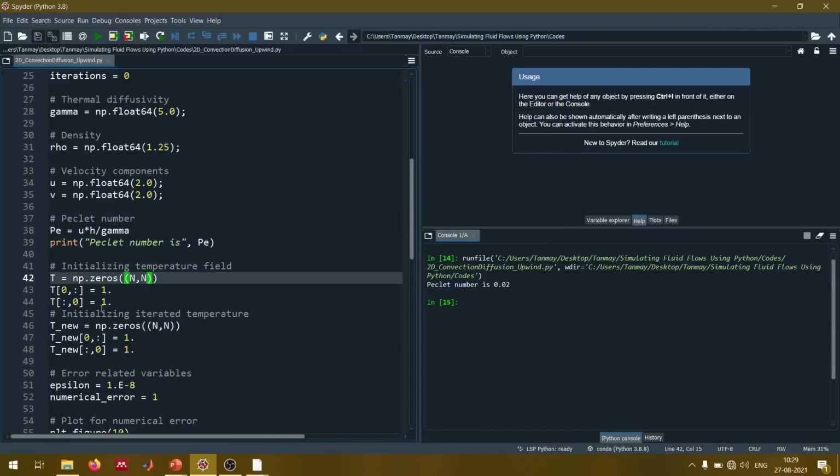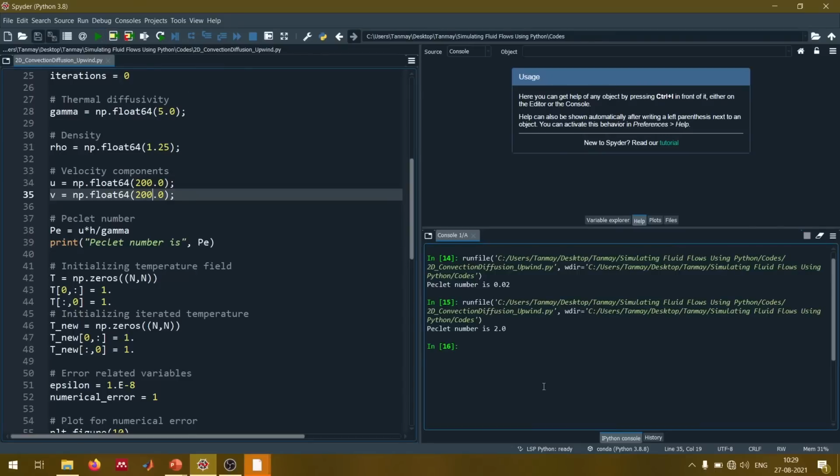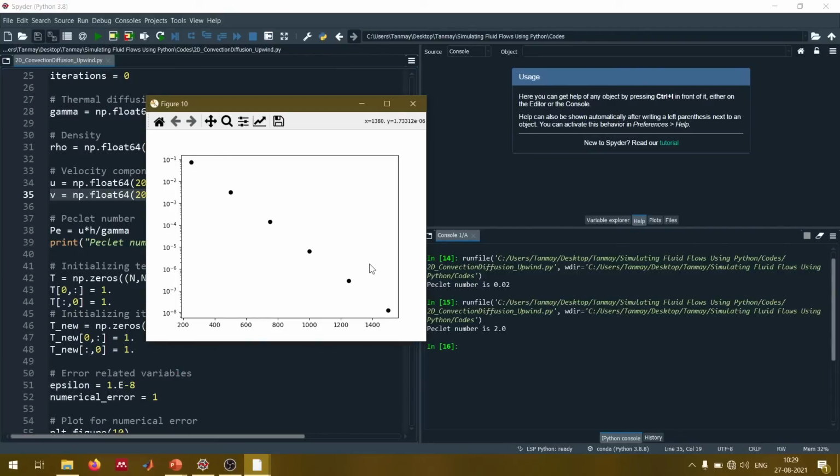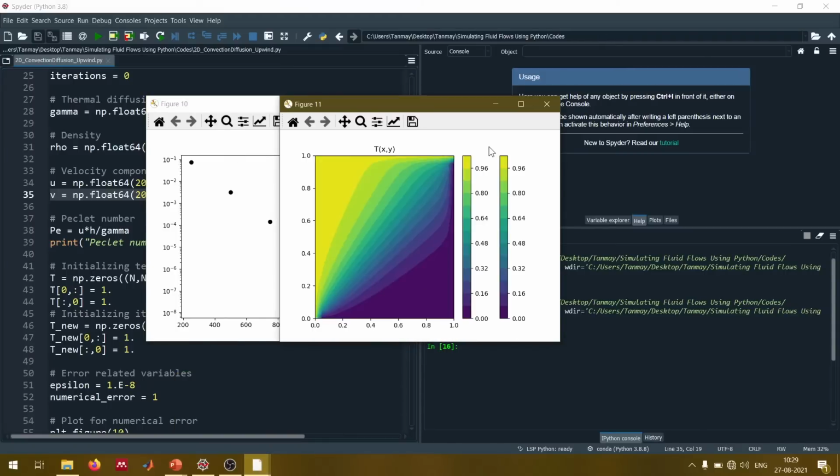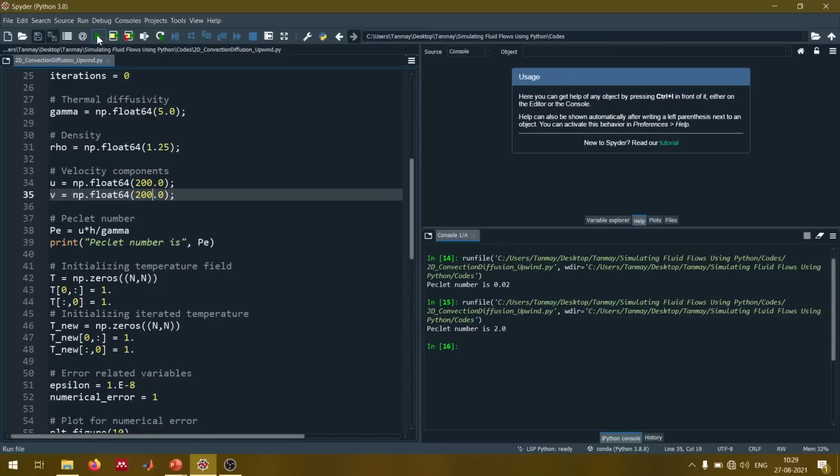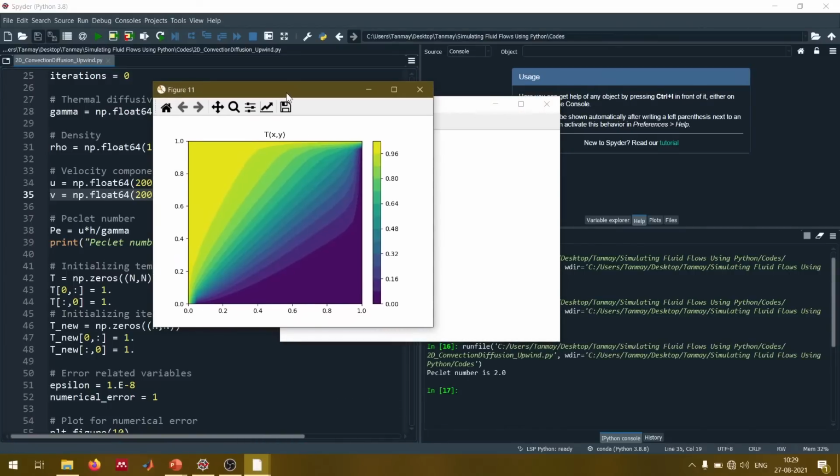Now, in order to raise the Peclet number, we can just ramp up the velocity by 100 times. That would give me a Peclet number of 2, and you should see the plots coming up. The plots have come up now. I should have actually closed it before showing it to you. Now if the Peclet number is 2, then the solution is like this.